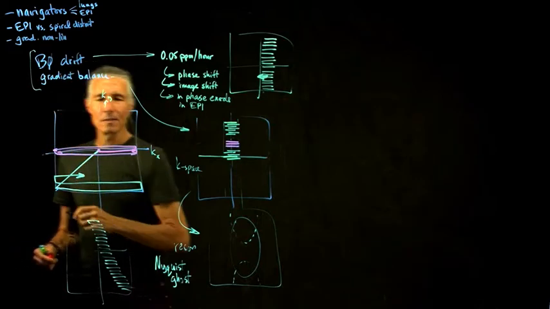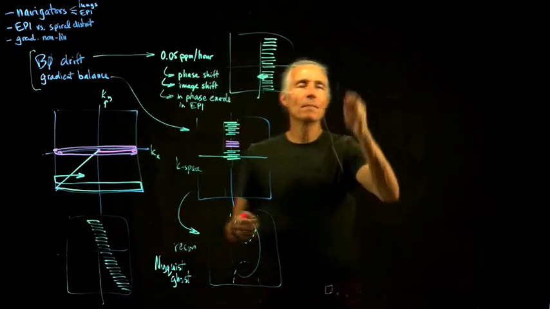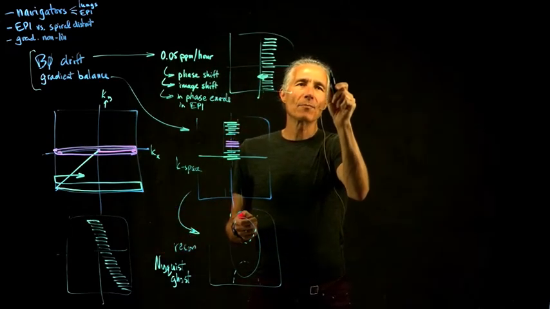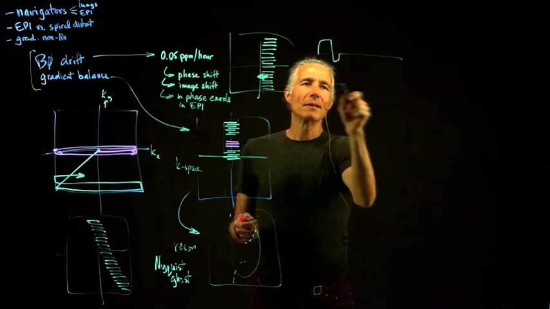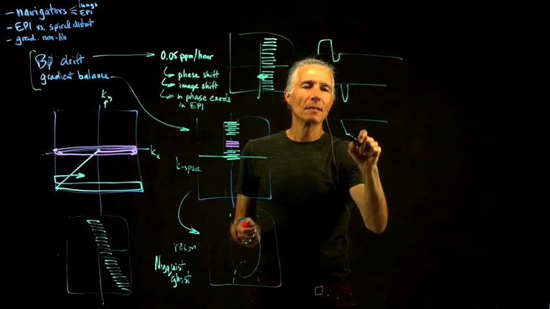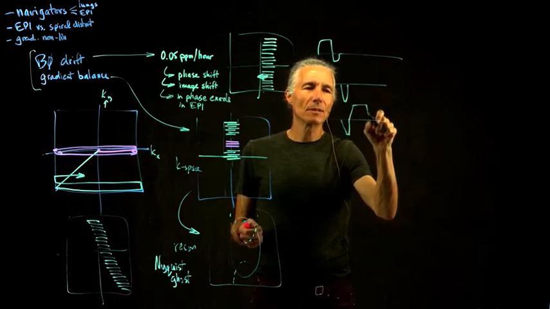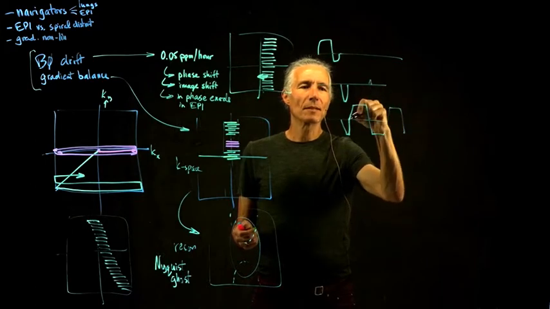What does that look like in terms of the gradients? Normally, the way EPI works is you do the slice select, go to the corner of k-space, and then start your big readout and your little blips.